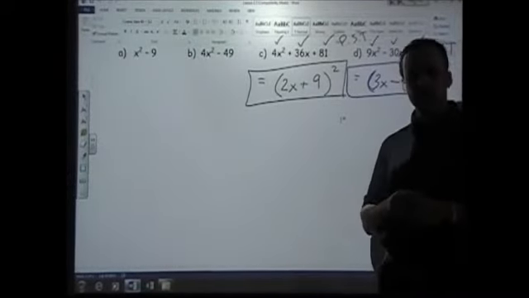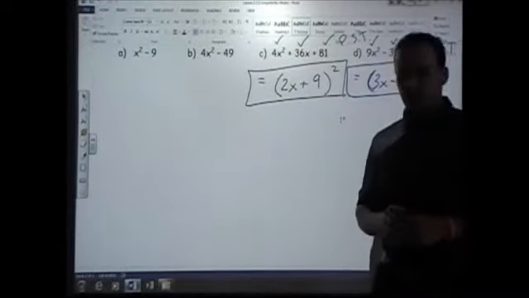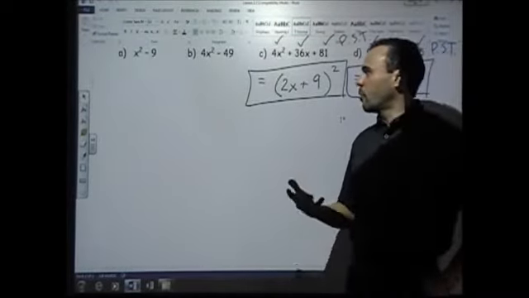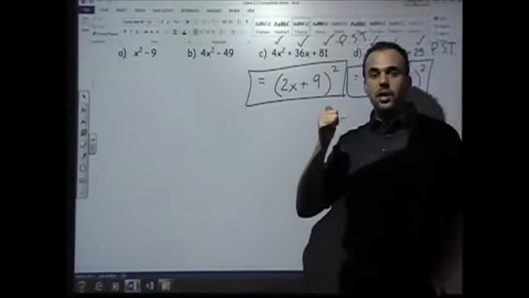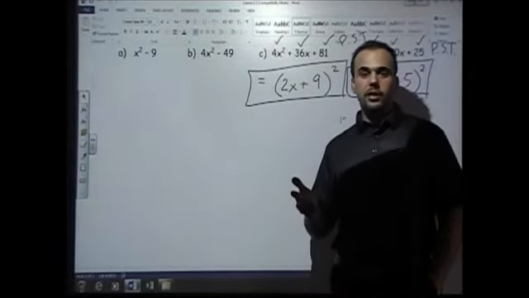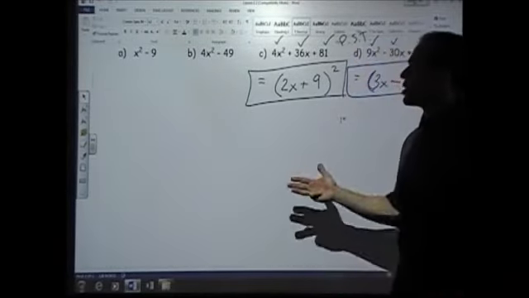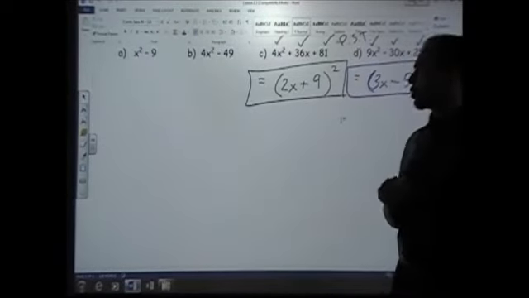Not all trinomials are like that, obviously. And then, is it a difference of squares? You also have to know that. So those are the four main ways of factoring. Again, it's common factor, simple trinomials, complex trinomials using decomposition, and then special products such as difference of squares and perfect square trinomials.